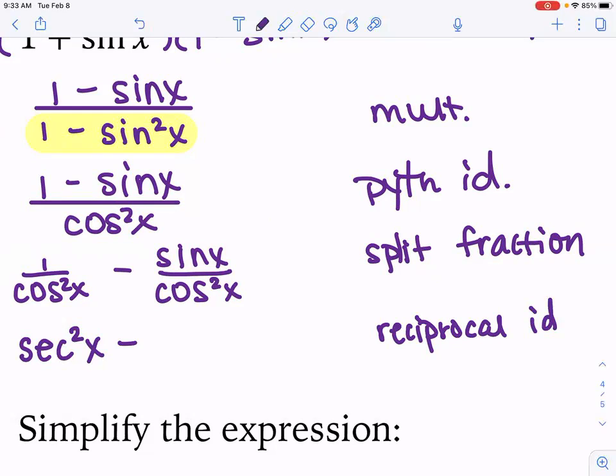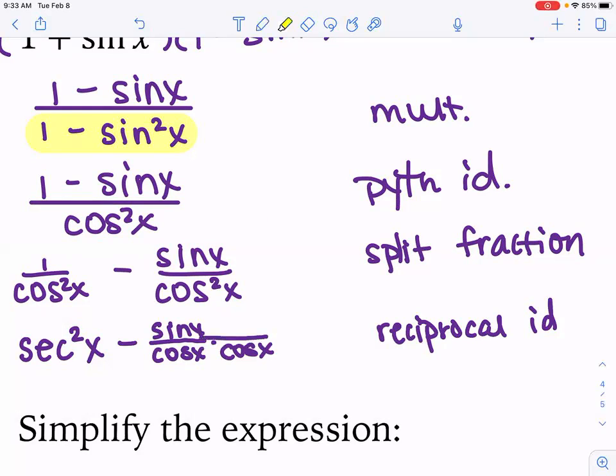Okay. Now, what about sine over cosine squared? That's kind of strange, right? I think a tangent's going to be involved. I think you're right. But we have an extra cosine left over, right? So we still have that cosine in the denominator.